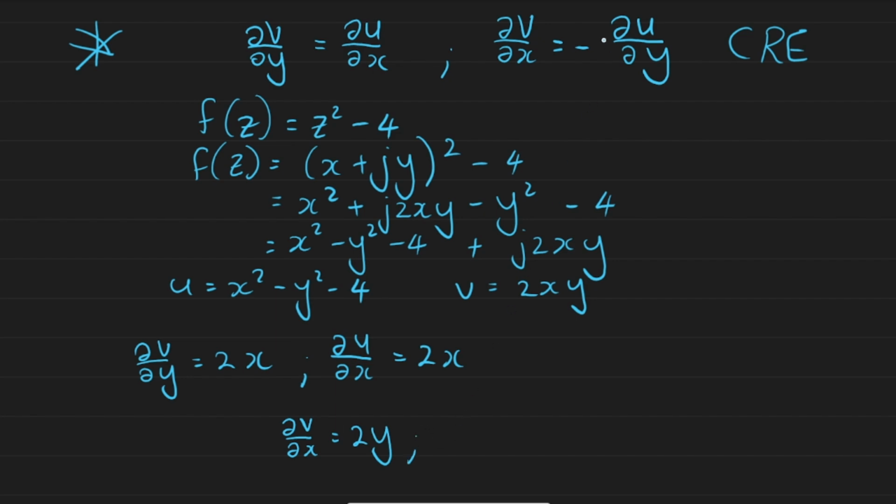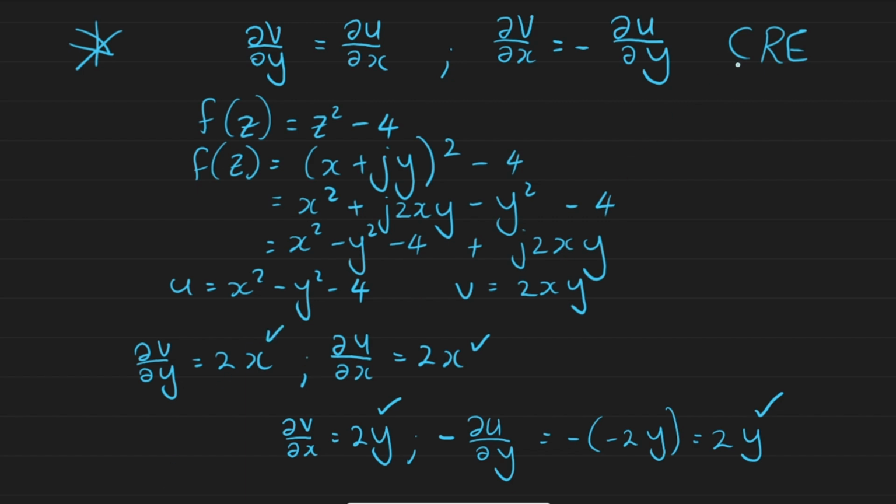And now we have to compute minus ∂u/∂y. Well, that would be a constant, so 0, and that would also be a constant. So we just have minus minus 2y, and that gives us plus 2y. We can see that that and that are equal.